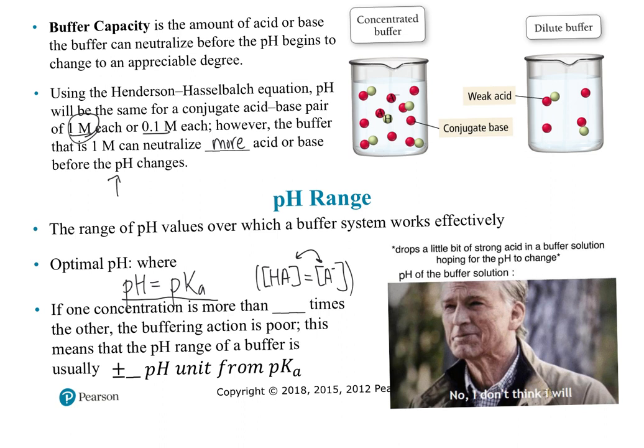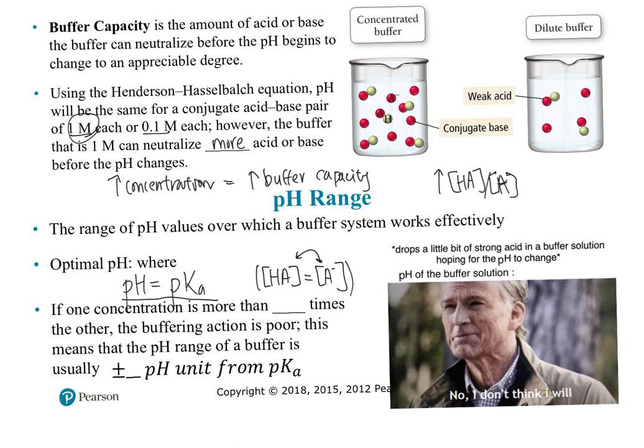So higher concentration for your buffer equals higher buffering capacity, so more neutralization can happen. That's why they say you need a high-ish concentration of your acid-base pair, because you're able to buffer for a lot longer.